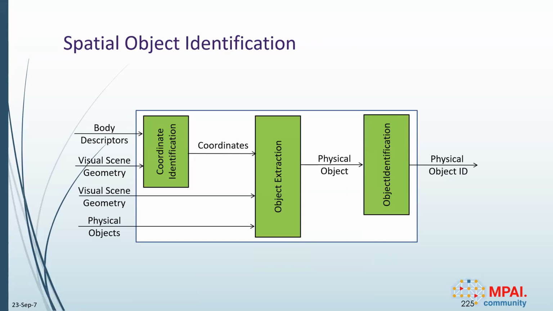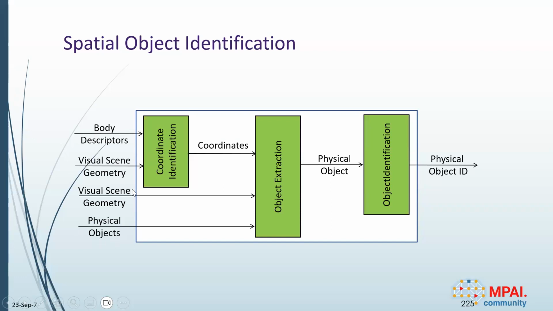I have talked about spatial objects, so the objects. So imagine that we have an object in a space. This is why we call this spatial object identification. And we wanted to know what object is that. So we assume that we have a human that is using their fingers to indicate. And this is done with the body descriptors, the physical object of interest.